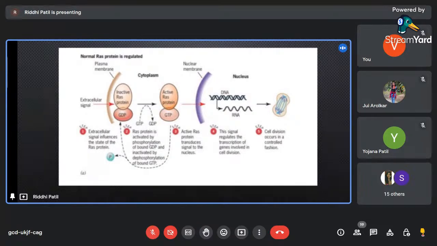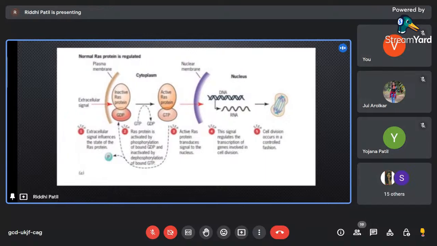The RAS protein is activated by phosphorylation of bound GTP and inactivated by dephosphorylation of bound GTP. In the third step, the active RAS protein transfers the signal to the nucleus. In the fourth step, in the nucleus, the signal regulates the transcription of genes involved in cell division. In the last step, cell division occurs in a controlled manner. The cell growth is normal.